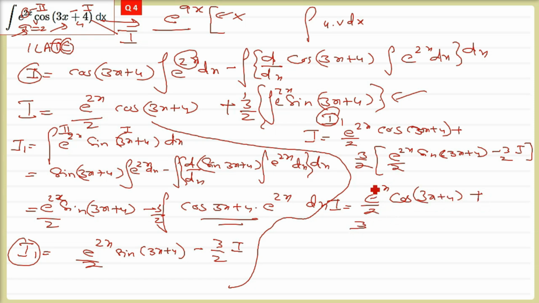So 3 by 2 times e raised to x by 2 sin 3x plus 4, and 3 by 2 into 3 by 2 will be 9 by 4, so minus 9 by 4 I.